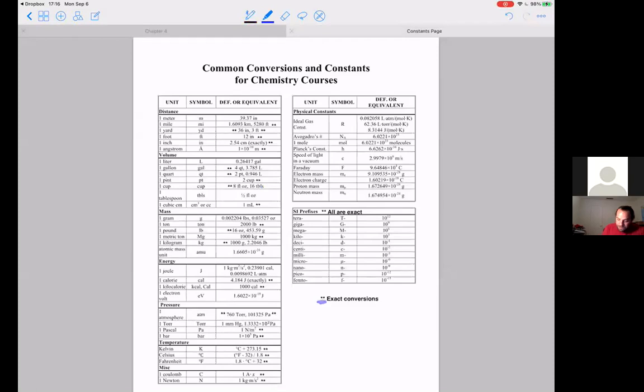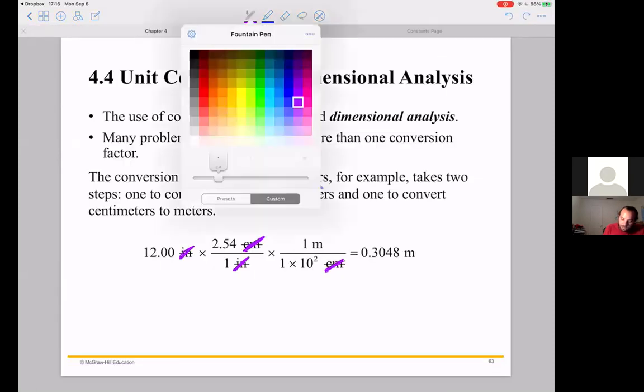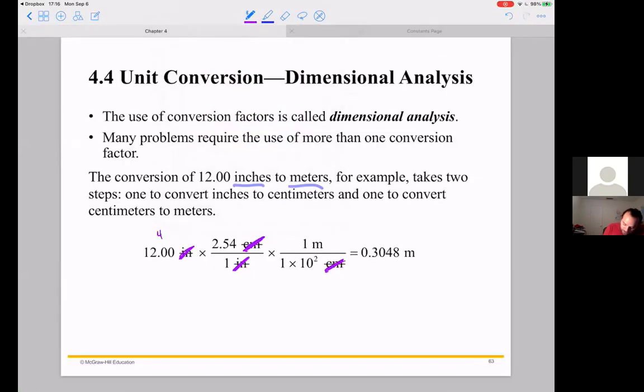It's when you have 2 little dots here. Notice that all our metric prefixes are exact conversions. So this has 4 sig figs. This is exact. This is exact. So I have 4 in my final answer. Okay, but that's how we can go multiple jumps in our unit conversion.